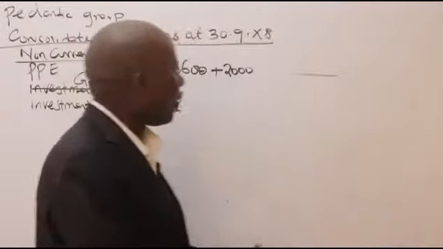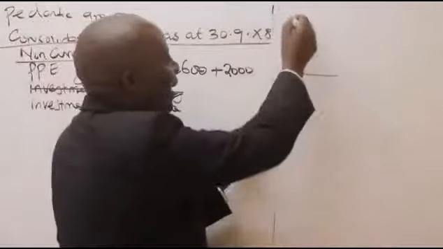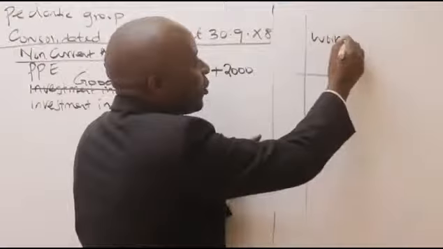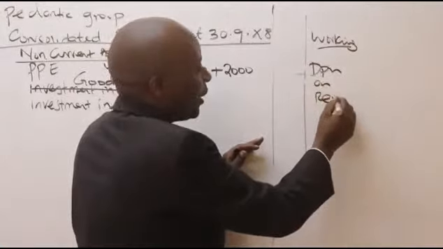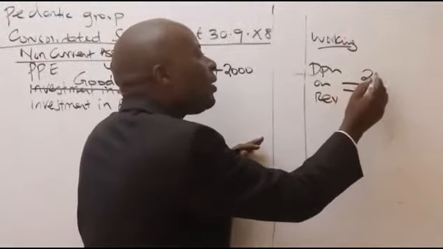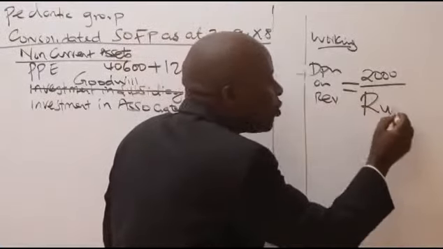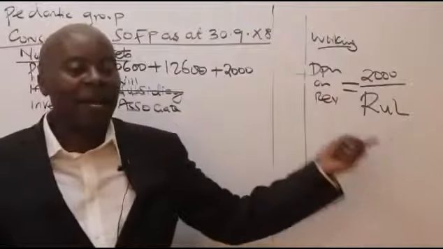So ladies and gentlemen, go ahead and calculate for me. Here by the side, I have a place where I'm doing my work. I would want depreciation on revaluation. I'll take the revaluation amount itself, which is 2,000, and divide this by my RULE.